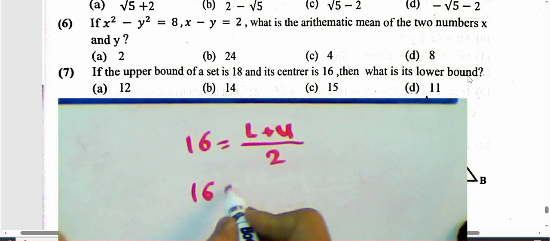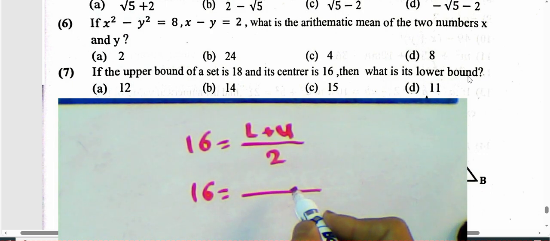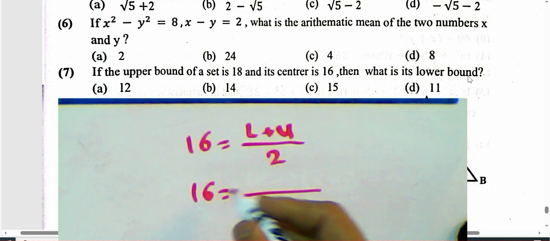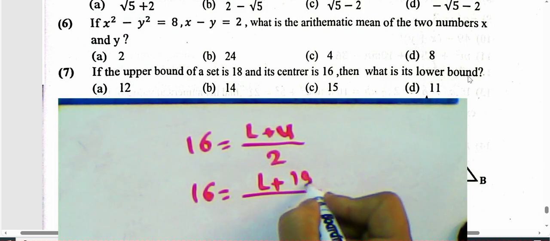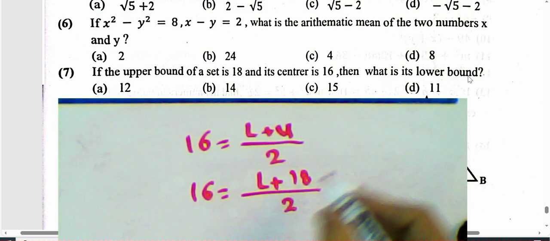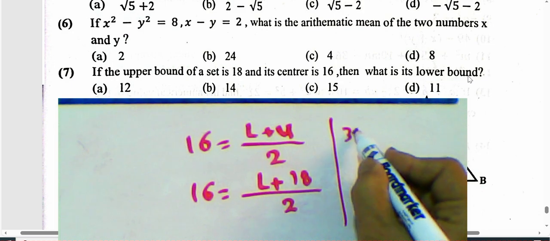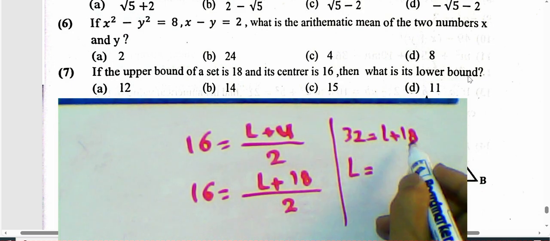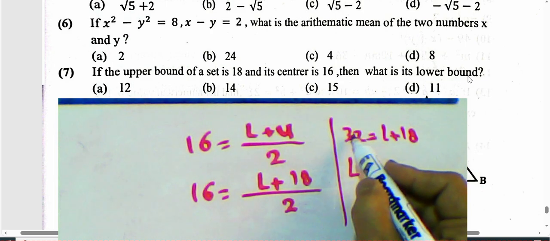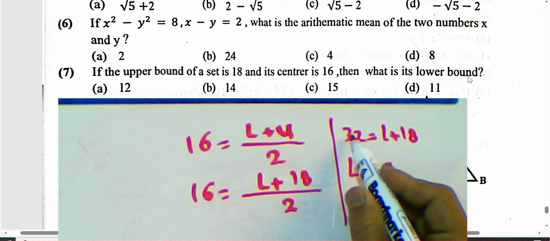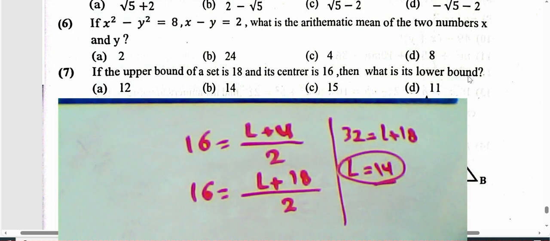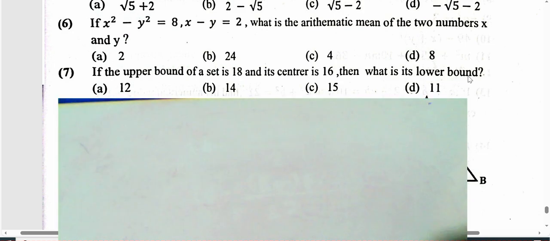Then 16 equals L plus 18 divided by 2, since the upper bound is 18. We simplify: 2 times 16 equals 32 equals L plus 18. Then L equals 32 minus 18, which is 14. The lower point here will be 14.